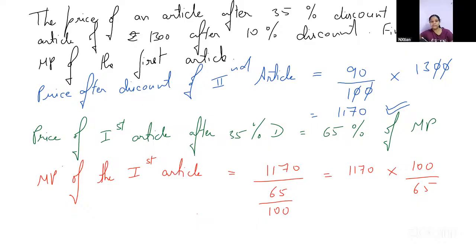So 1170 into 100 upon 65. Now you can cancel them. 65, 13, 5 2s are 10. 1170 can be divided by 13. 13 9s are 117, and 0. So 9 2s are 18, 00. 1800 rupees is the market price of the first article.